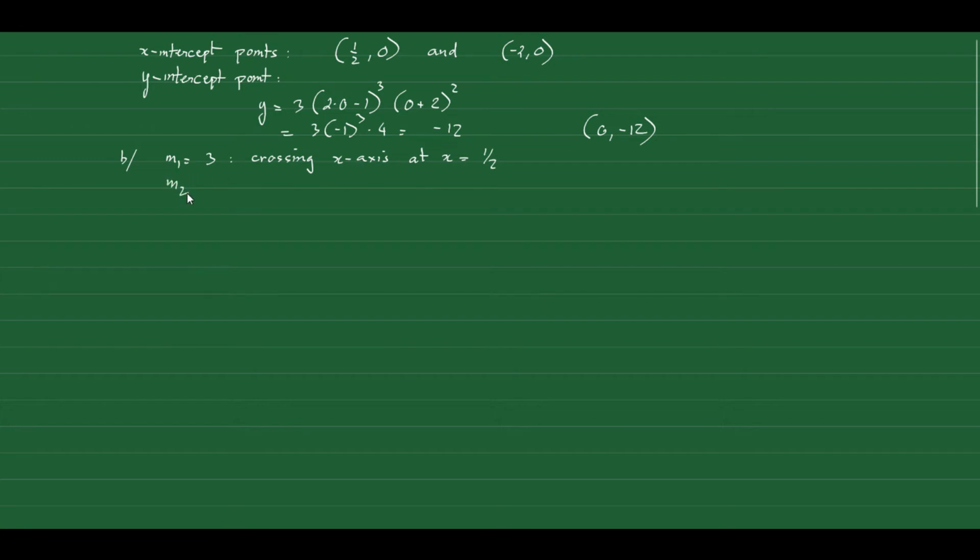And m2 will be 2, so it will be touching the x-axis at x equal -2. Here you go. That's it. It's very, very simple.